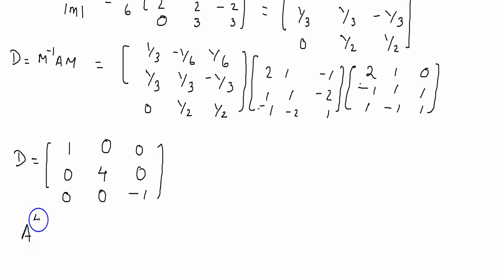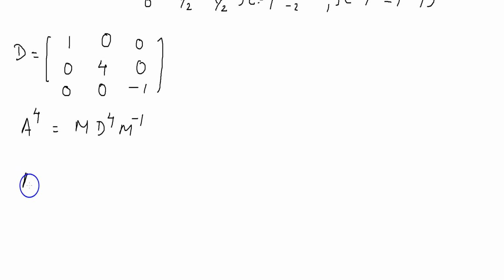Now to find A raised to 4, use the formula M D raised to 4 M inverse. M is the modal matrix 2, 1, 0, minus 1, 1, 1, 1, minus 1, 1.